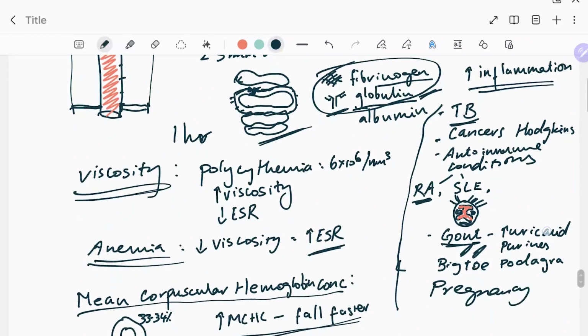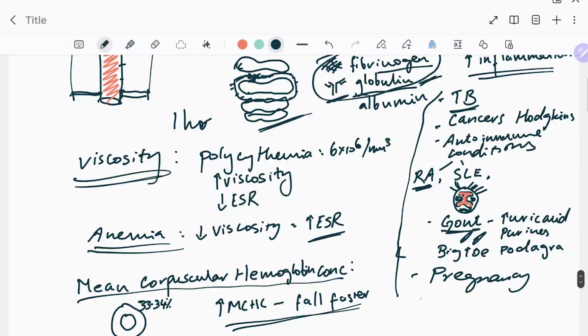You get more fibrinogen and globulin in pregnancy, and sometimes you get it even after meals. So make sure to ask them if they had a heavy meal before doing the ESR test, and also anemia. So these are the conditions that can increase the ESR. Keep an eye on these. Be aware of these. These are very interesting topics.